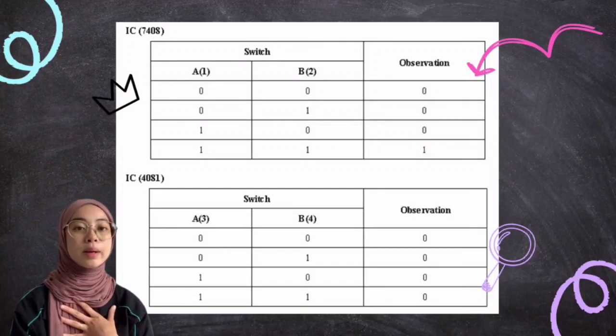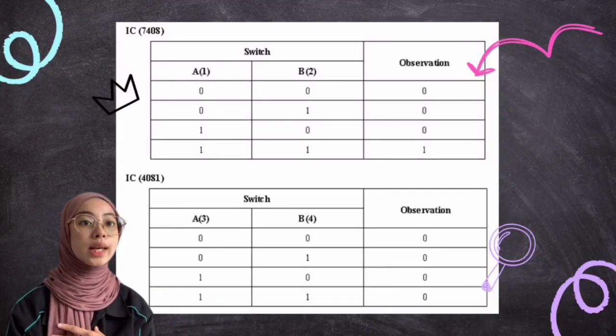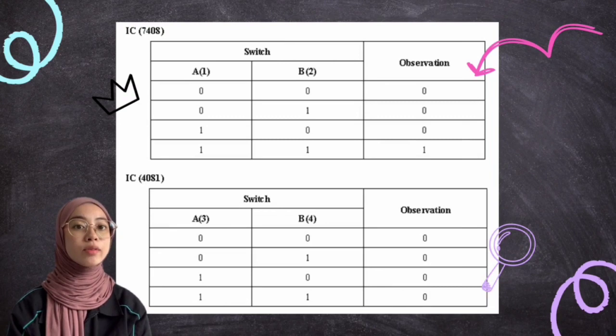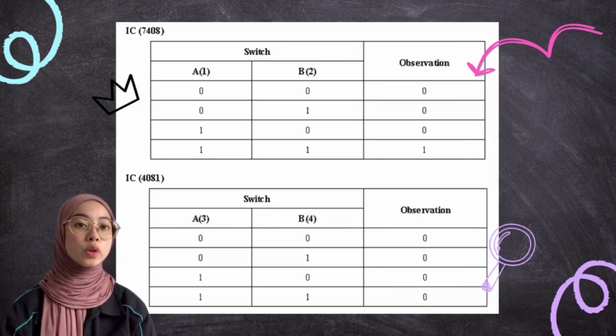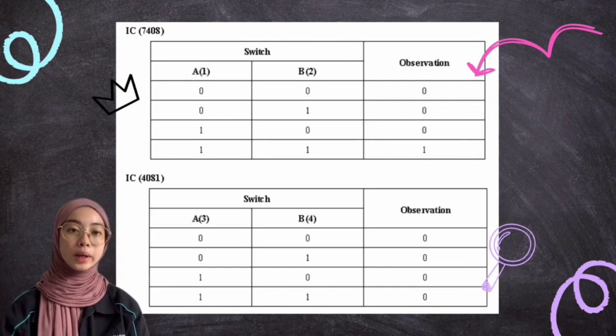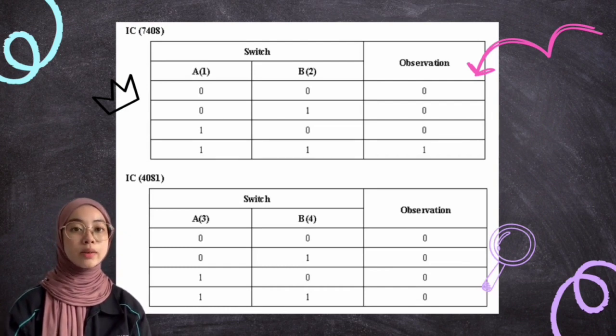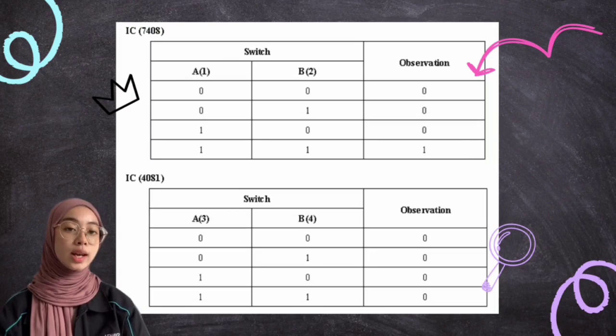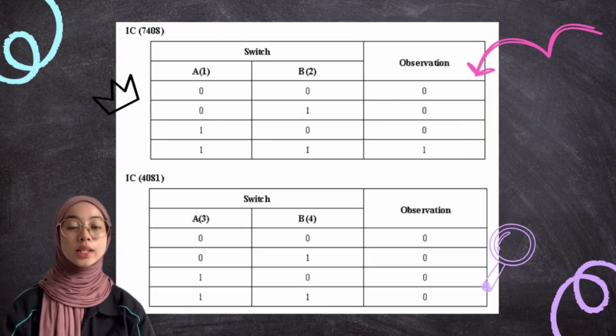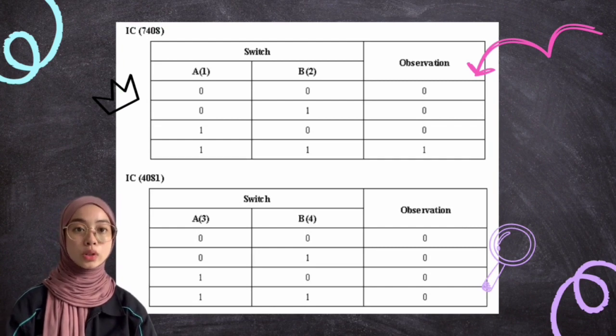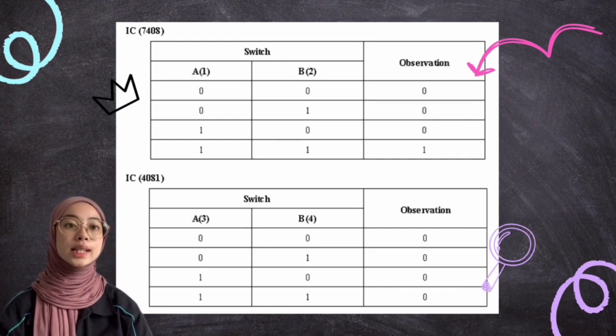Next, I will explain about this experimental data. As we can see in the table for IC7408, for the first observation, switch A and B are 0 because both of the switches were open, so we observe it is 0. For the second observation, switch A is 0, but switch B is 1 because switch A was open but switch B was closed, so we observe it is still 0.